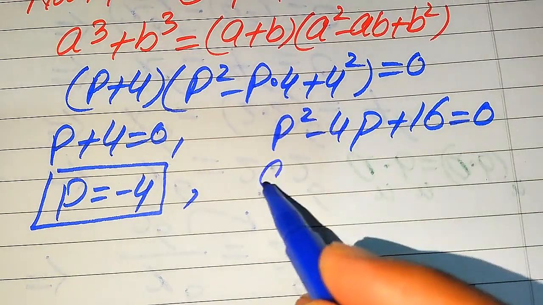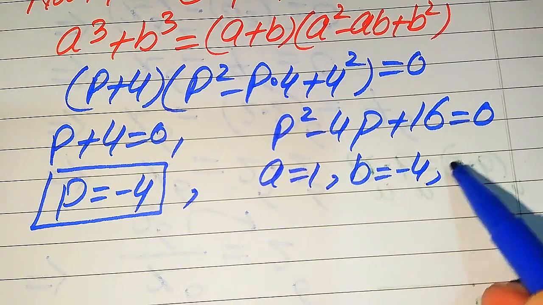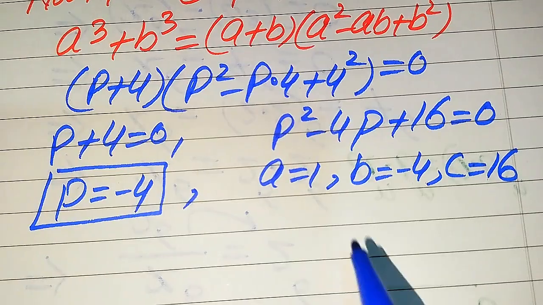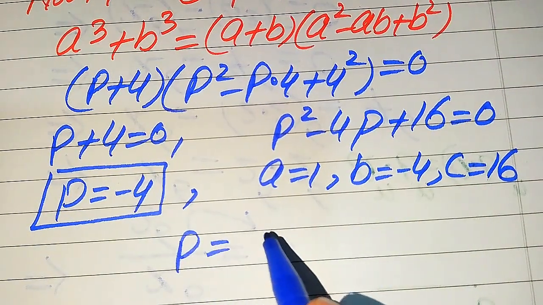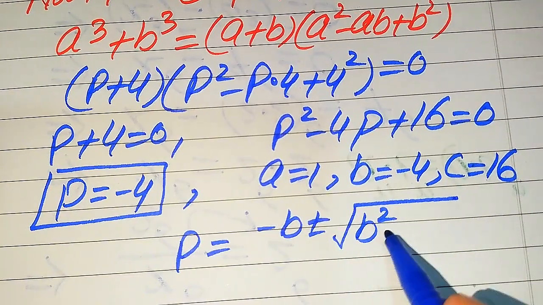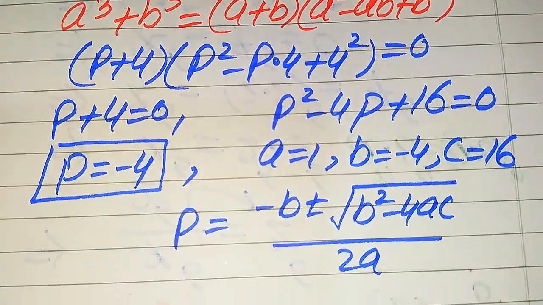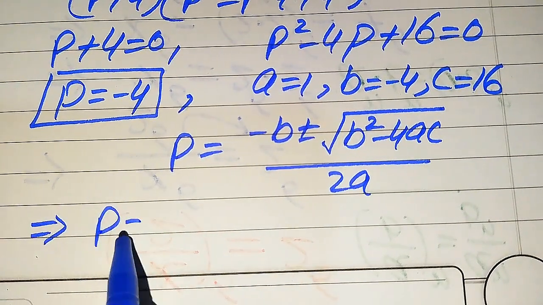First we write the coefficients of this equation: a equals 1, b equals minus 4, and c equals 16. Here we use the quadratic formula, which is written as p equals minus b plus minus the square root of b squared minus 4ac, divided by 2a. So this is our quadratic formula, and here we substitute the values of a, b, c.